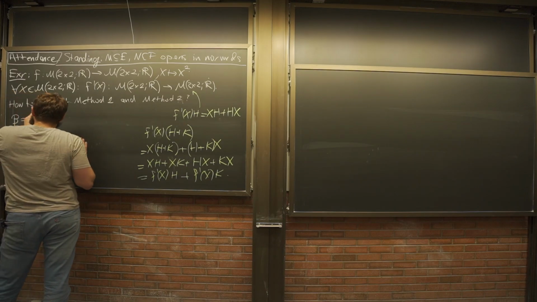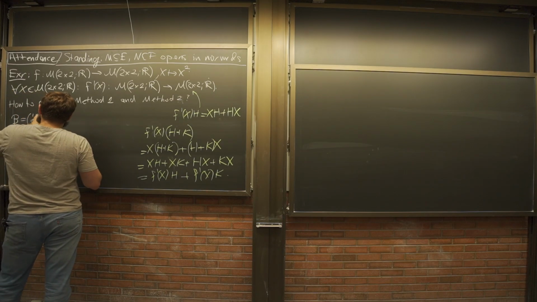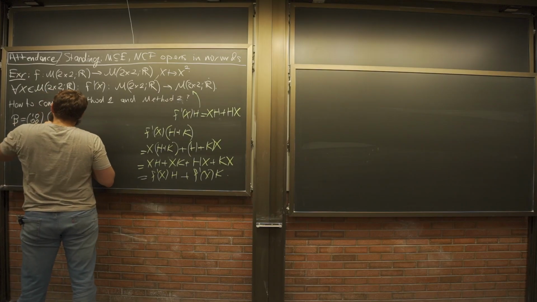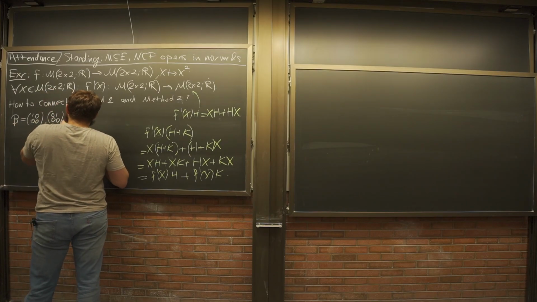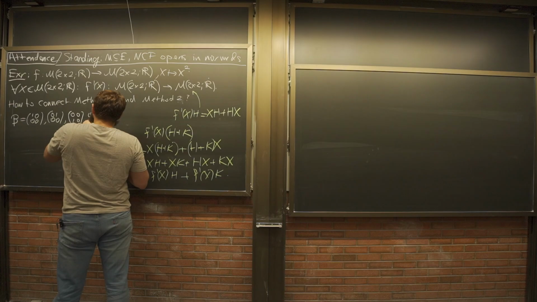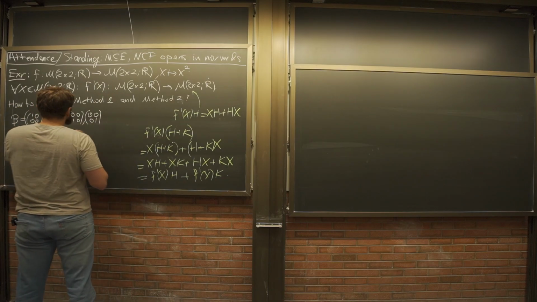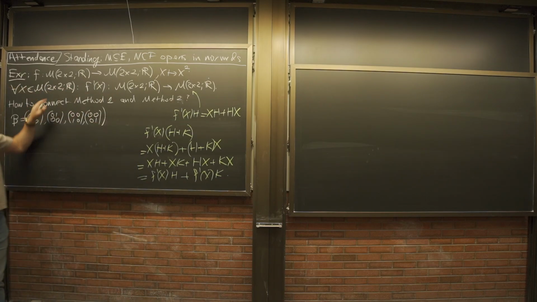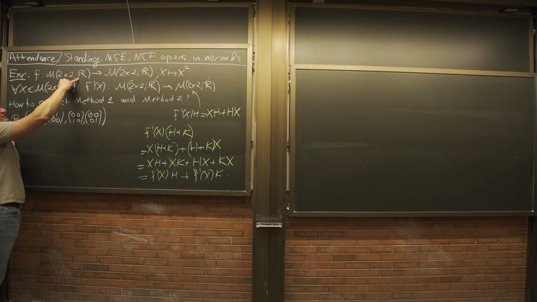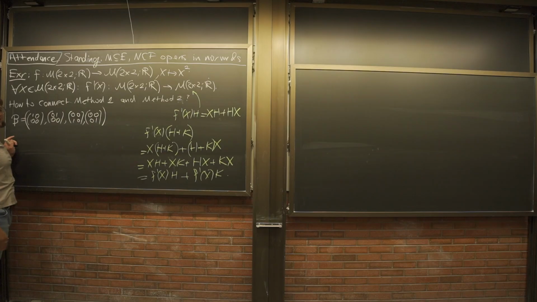And so this is the standard basis for this space. And m sub beta was this function that takes a 2 by 2 matrix and transforms it into a 4 by 1 matrix in precisely the way we did.